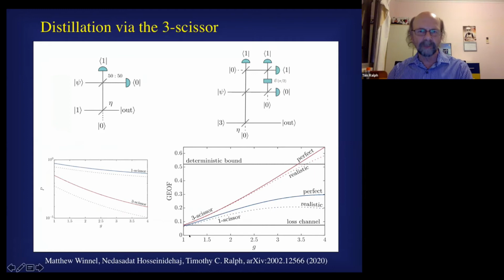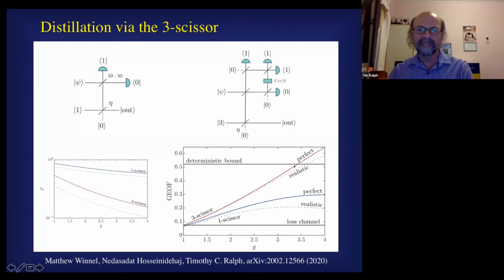For the parameters chosen here, we see that the 1 scissor saturates because of the truncation and can't reach the deterministic bound. The deterministic bound is the maximum amount of entanglement you can push through this lossy channel by basically starting with infinite entanglement. On the other hand, we see that the 3 scissor can go across this bound.